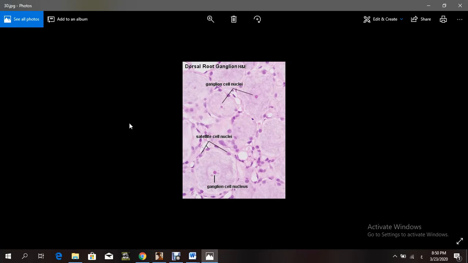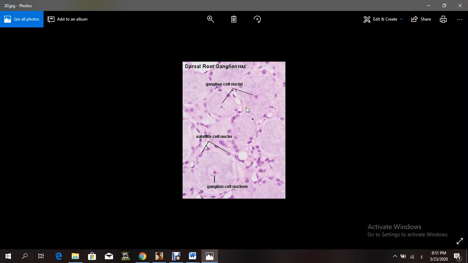This is the dorsal root ganglia representing the perikaryon, which is surrounded by satellite cells, which usually surround the cell body of the neurons. We said the density of those satellite cells is usually more than within the autonomic ganglia. There are no synapses in the dorsal root ganglia. In the autonomic ganglia there are synapses.